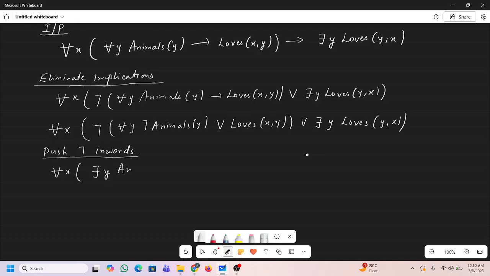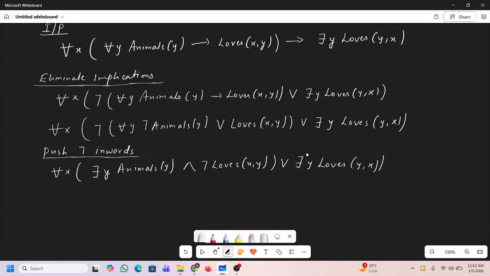So it is simply animals y, and then this or will get converted into and, and there will be a negation before this loves x comma y. After that there will be or, and then there exists y loves y comma x. So now we are having this.